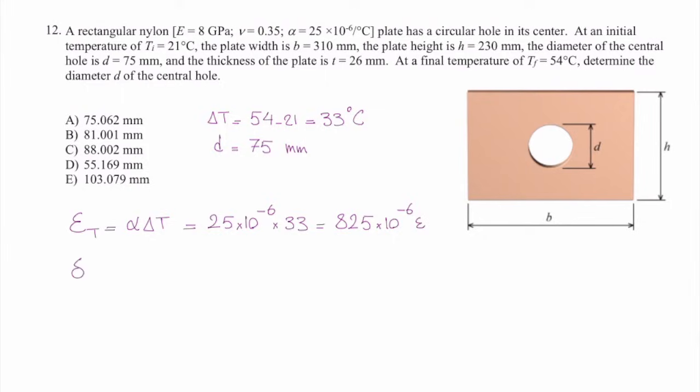So I'm going to write it like this. Change in the diameter would be thermal strain times the initial diameter. So that would be 0.6188 millimeter. And how much would be the new diameter? The new diameter will be initial diameter plus the change in the diameter. So I can say that is 75.06188. The answer will be A.